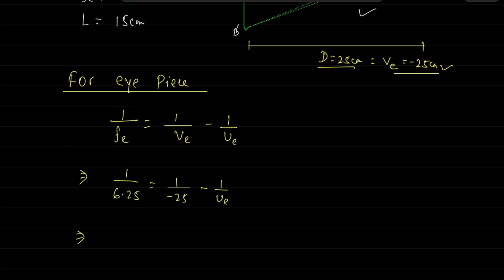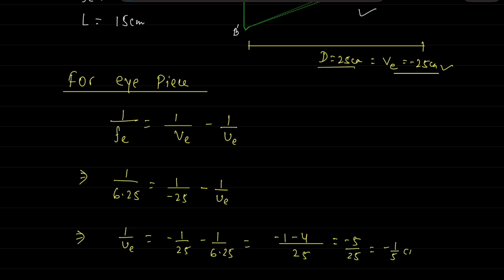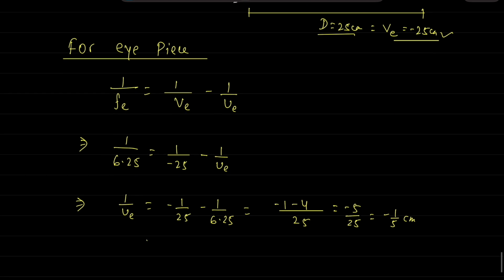Further solving, 1 by UE is equal to minus 1 by 25 minus 1 by 6.25. LCM is 25: minus 1 minus 4, so minus 5 by 25, which is minus 1 by 5 centimeter. So from here we can say that UE is equal to minus 5 centimeter.